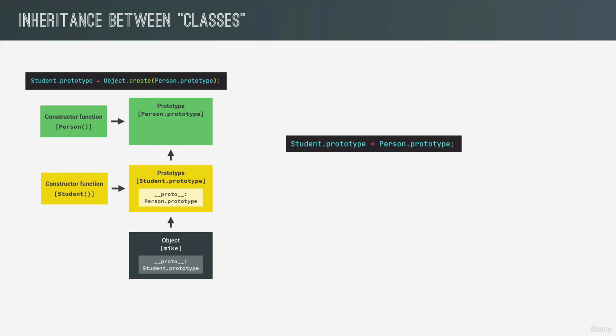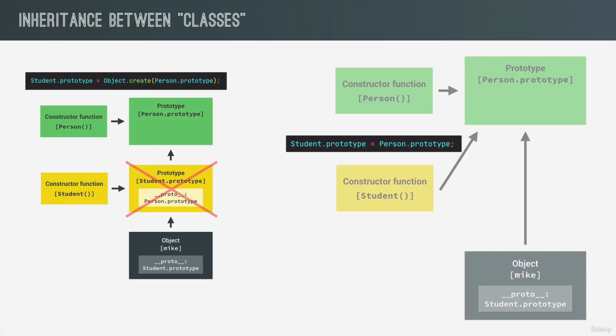So if we do student.prototype equal to person.prototype, then we will not end up with the prototype chain that we need. Instead, we would end up with this, which is a completely wrong prototype chain. That's because here we're actually saying that the student's prototype property and the person's prototype property should be the exact same object.